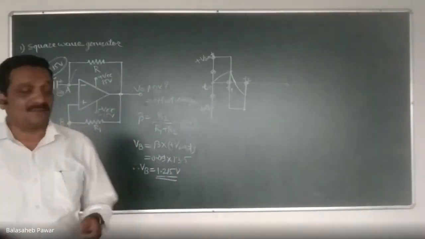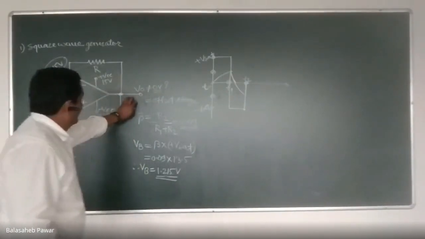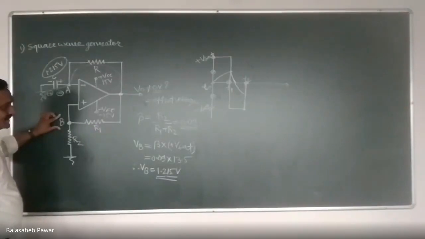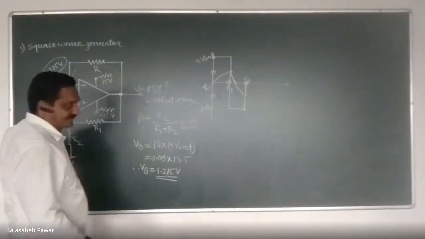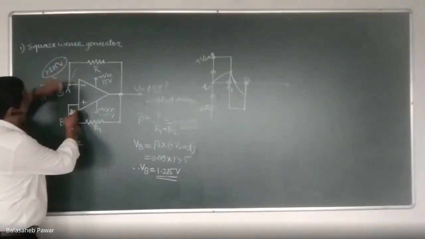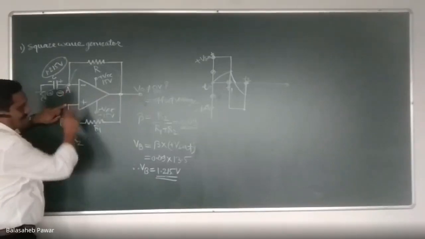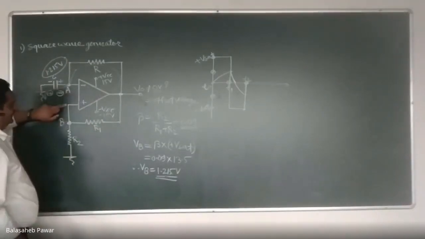Now see, when the output of the op amp becomes 0, the node voltage, that is VB, will become 0 volts again. Right? Now compare these two. Non-inverting is at 0 volts and inverting is at minus 1.215. Correct now?